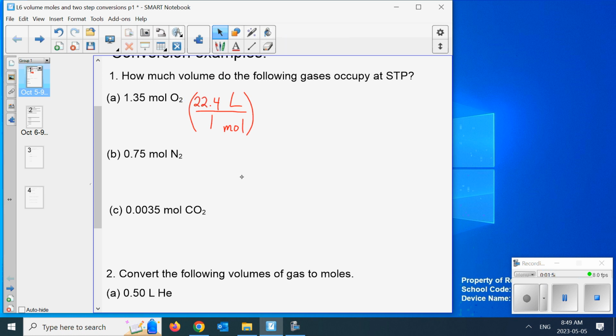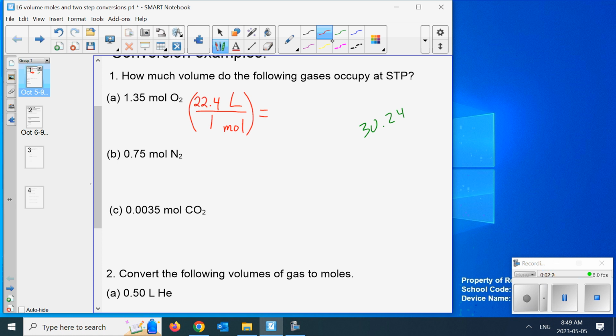Now, you're going to use your calculator. And that's multiplying because they're both on the top, right? So I get 30.24, but we're talking sig figs. According to my sig figs, I've got 3 sig figs, 1.35, and I've got 22.4.